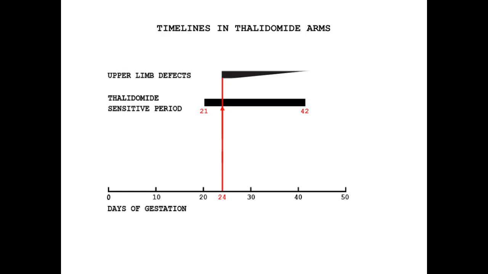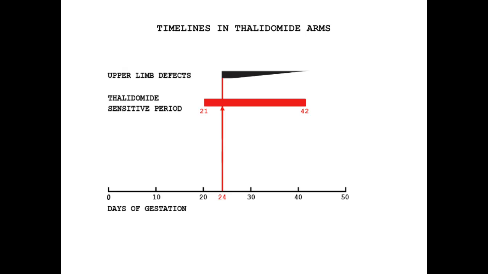So first of all, that thalidomide generates upper limb defects before the upper limb bud exists. The timelines of human embryogenesis are very revealing. Fertilization happens here at 0 time. And here we see the sensitive period, which Lenz established to be the time when the human embryo was sensitive to thalidomide as 21 to 42 days of gestation.